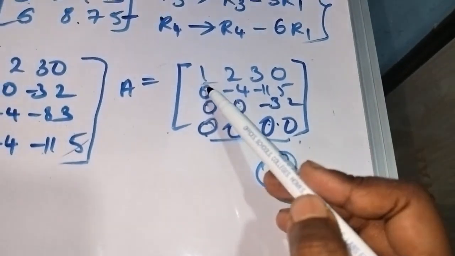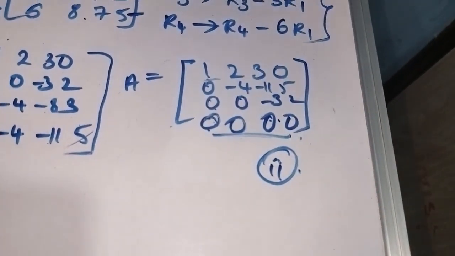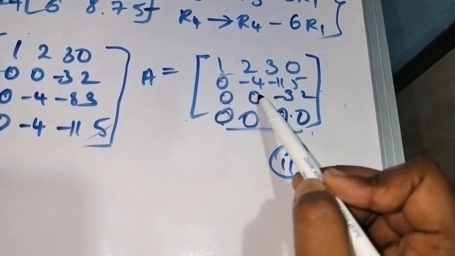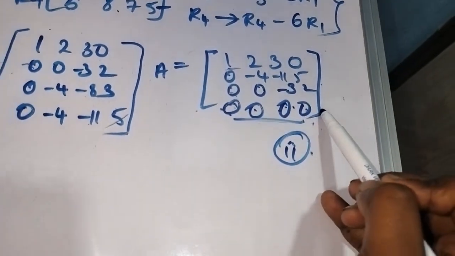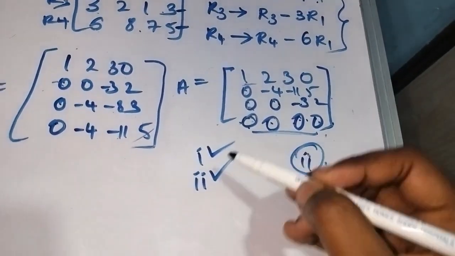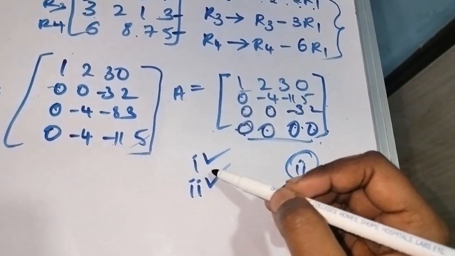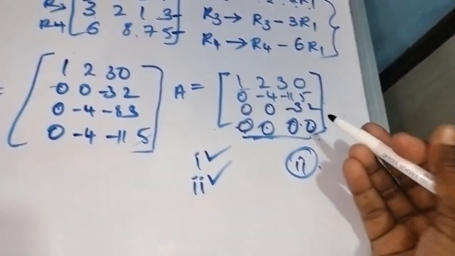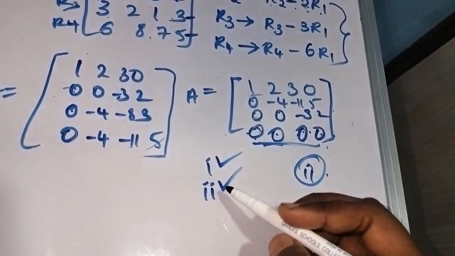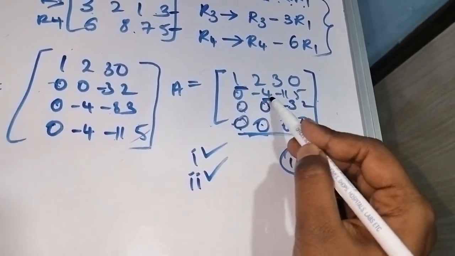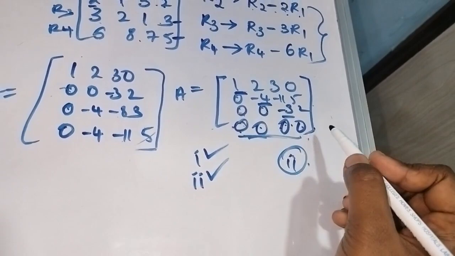See, here we can find only 1 zero, 2 zeros, and here 4 zeros. So the first condition and second condition are satisfied. The first condition is that non-zero entries must be before the zero entries, and the second is that we should have the value 1 in the first non-zero entry.